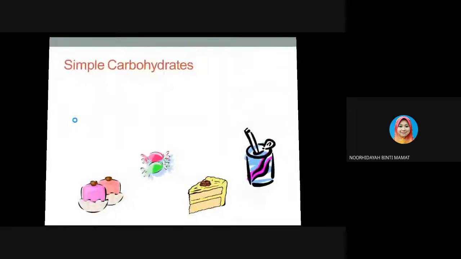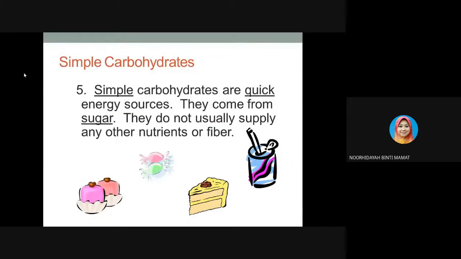All right, now we move to the simple carbohydrates. We also have complex carbohydrates. So carbohydrates can be divided into simple and complex.